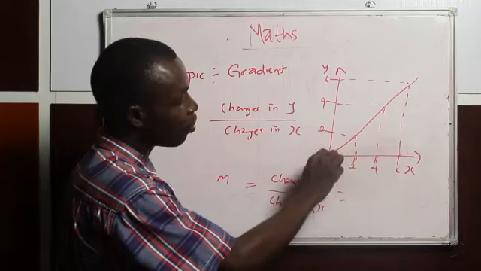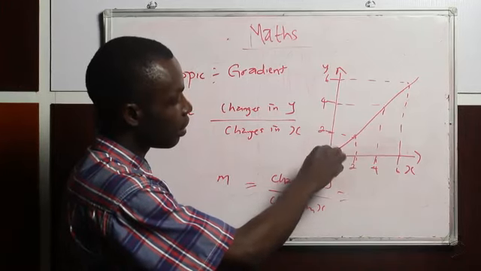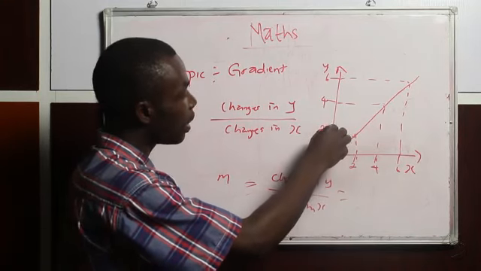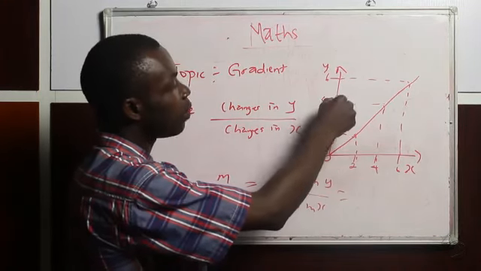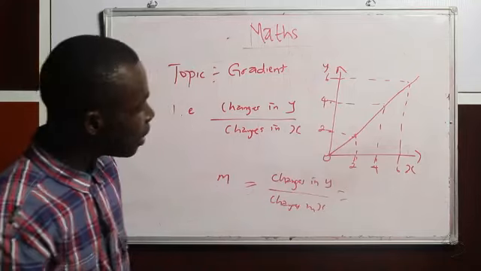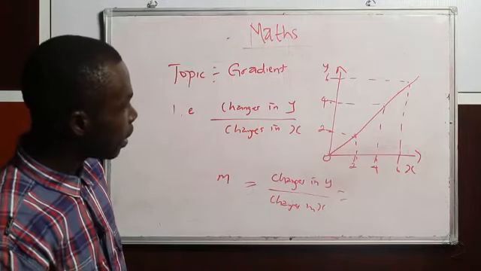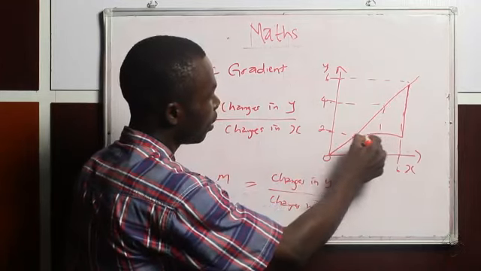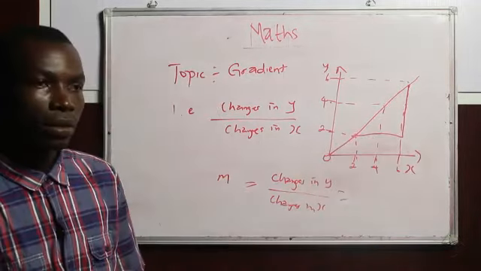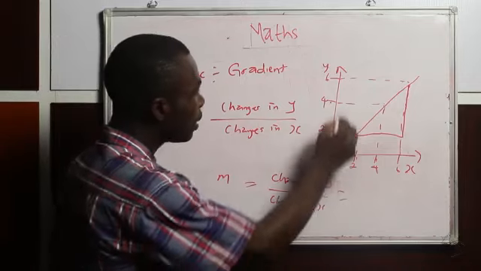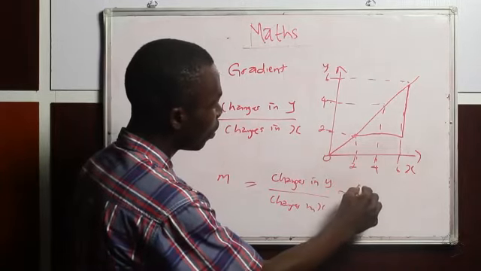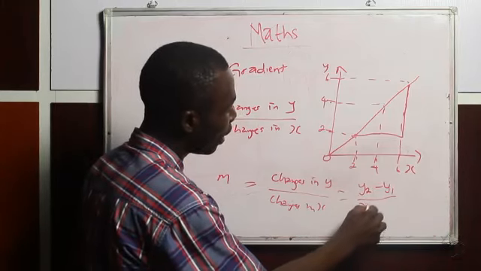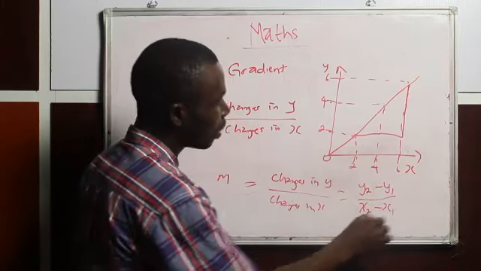This is 0, you consider this 0 point, the origin. Consider this point, consider this point. Therefore, changes in y, from here to here, that is y2 minus y1 over x2 minus x1.